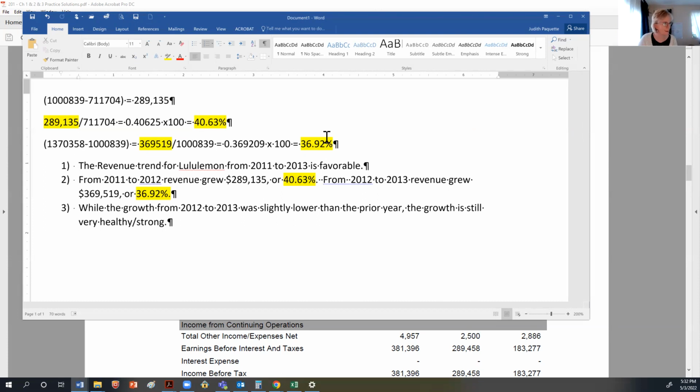What's interesting here is that because they're growing so fast, they grew more in absolute dollars in year 3, but because they were growing so fast as a percent, the growth rate slowed down. So just tell me you see that when you're writing. But nobody was complaining about their growth rates during this time.